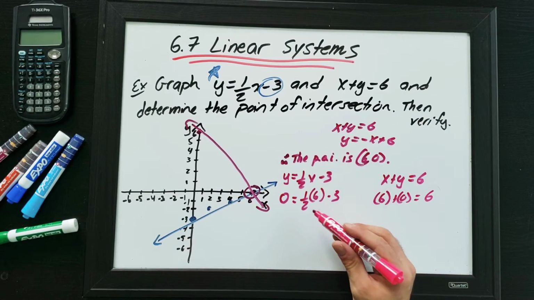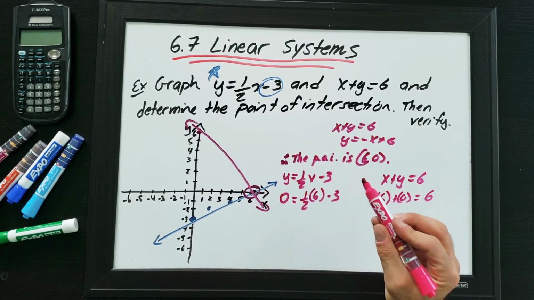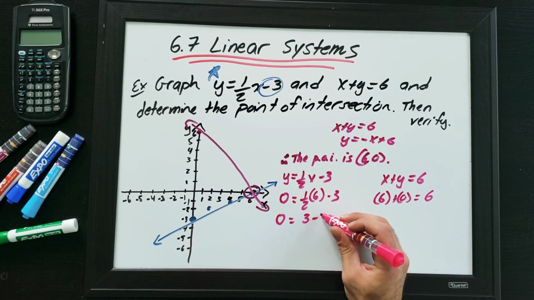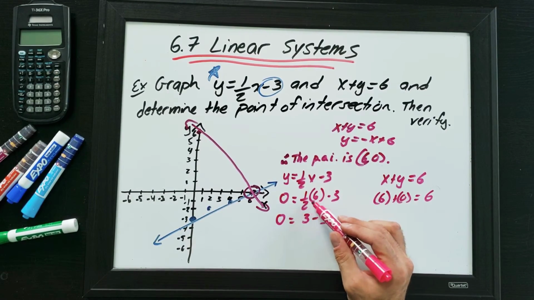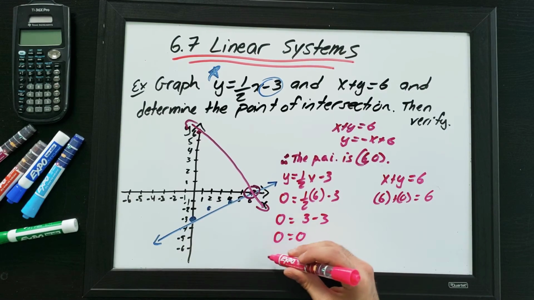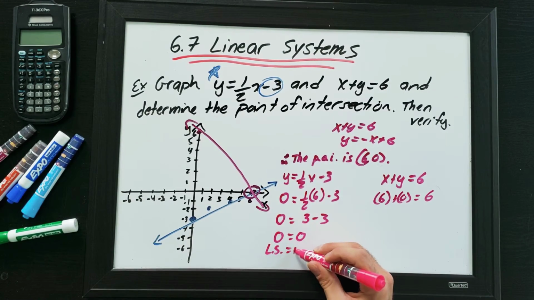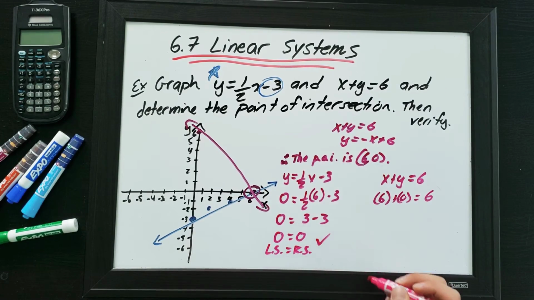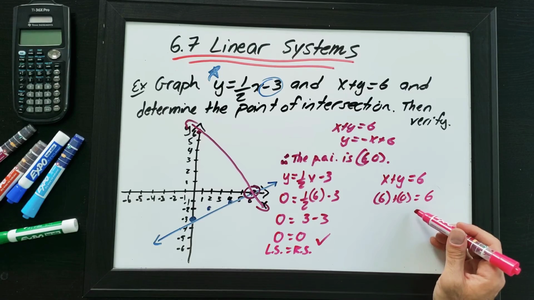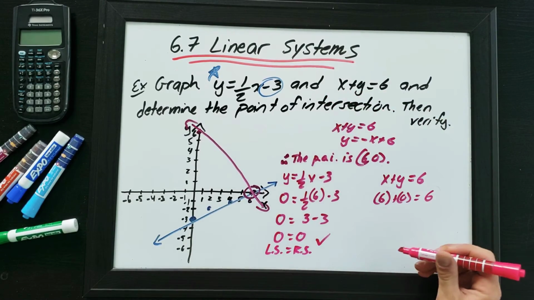Now, why am I doing this? Well, I'm going to solve each side independently. So this stays a 0. This is a 3 minus 3. 6 times a half is 3. 0 equals 0. If the left side equals the right side, I know that it's verified for this line. And now if I know it's verified for this line, I know it's verified for both, therefore it's the point of intersection.